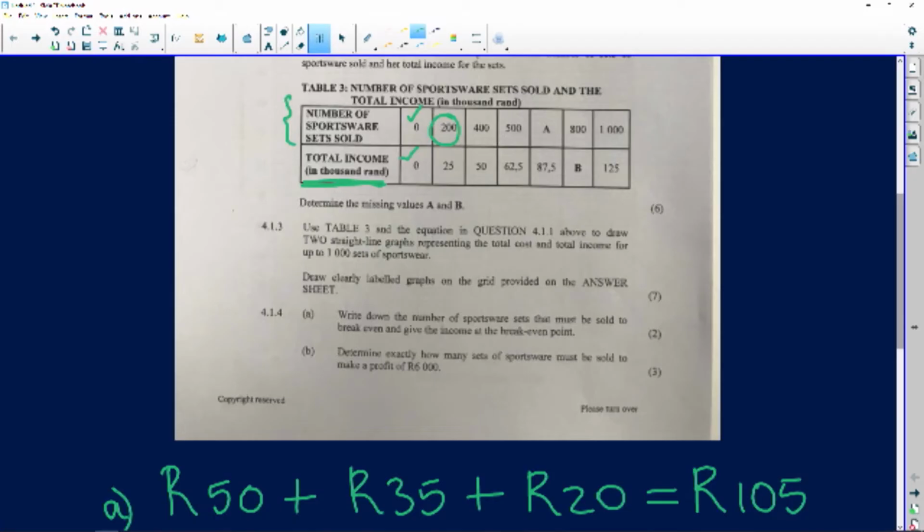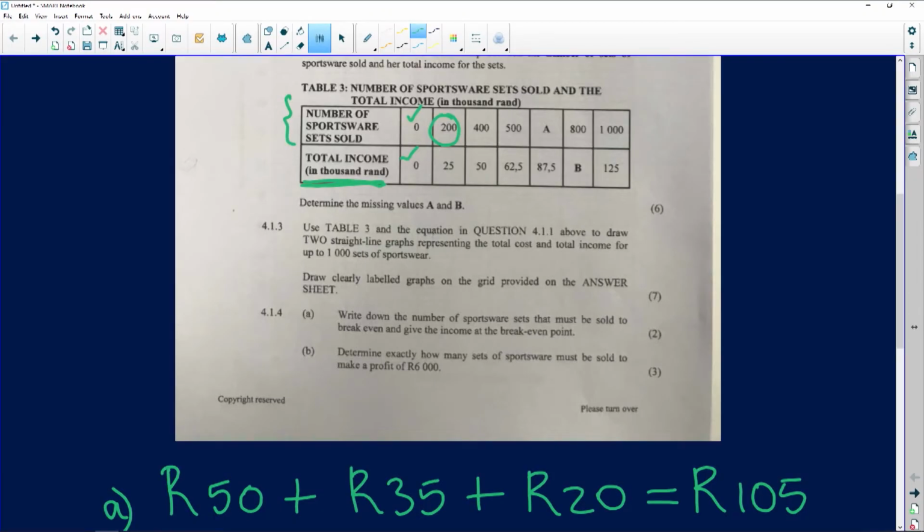We find the relationship by looking at that 200 over there and that 25 over there. So if 200 items are sold, 25,000 is made. If 400 units are sold, 50,000 is made. So that is now the relationship that we have.